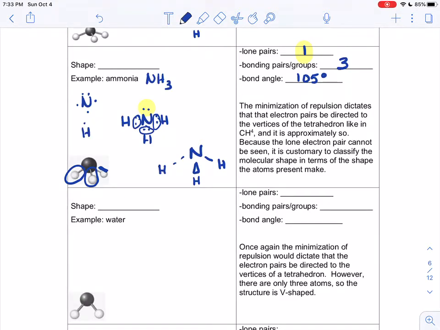This H is going back into and away from you. So that is how I do the 3-dimensional, or stereochemical, shape for ammonia. Now, what do we call this? This is called pyramidal, because it actually looks a little bit like a pyramid if you take a look at this diagram. So again, when you have one lone pair and 3 bonding groups, the shape is going to be pyramidal.